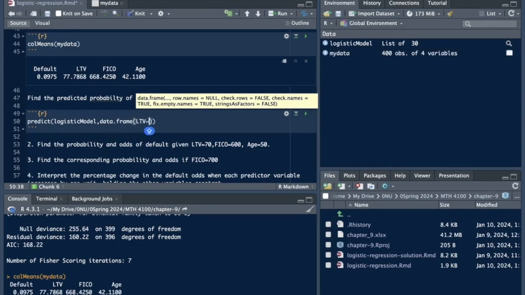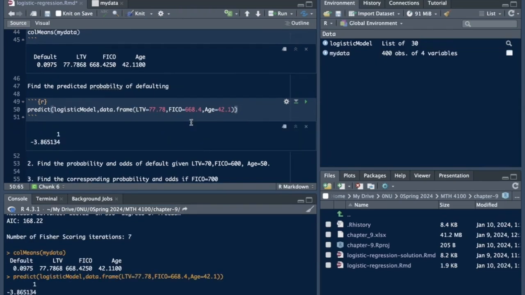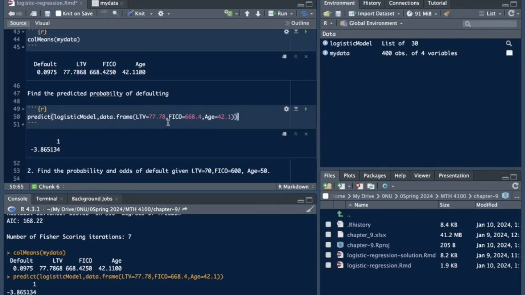LTV has to be what? 77.78. Credit score has to be what? 668.4. Age has to be what? 42.1. I got a problem. Yes, I remember what my problem is here.